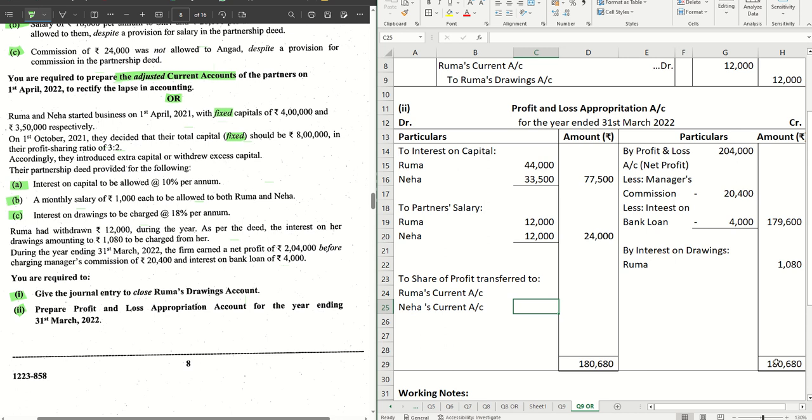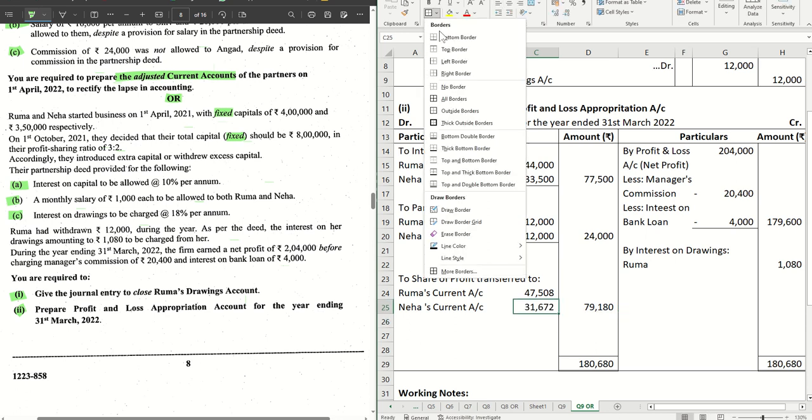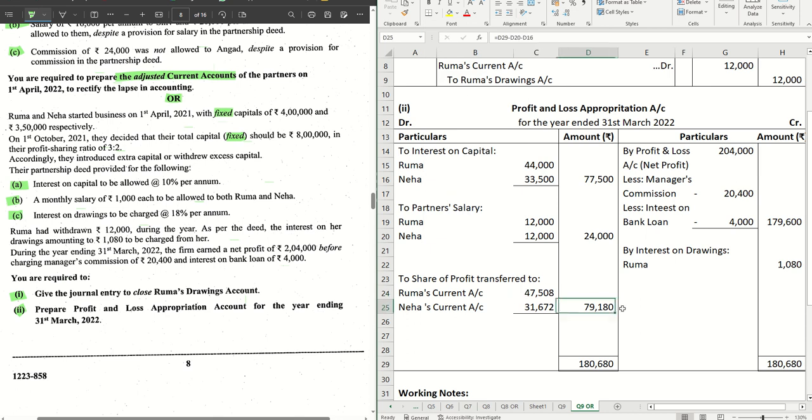Let's calculate how much is the profit, which will be this minus these two figures, 79,180. And if we do the calculation into 3 by 5 and 2 by 5, this comes out as the share of profit, and this becomes our answer.